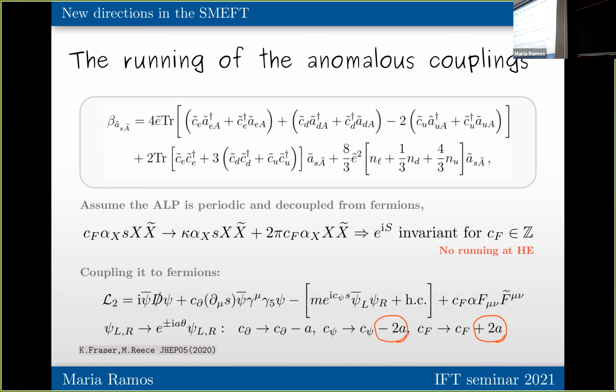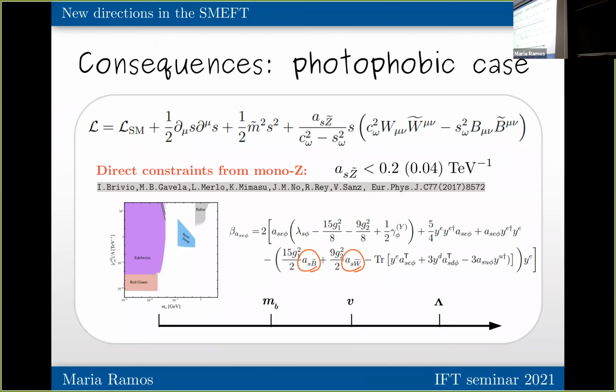So finally, I just wanted to show you some phenomenological consequences also for this case, to compare which kind of limits we get by studying these RG constraints. So here we just assume some photophobic model in the UV. And this kind of photophobic behavior you can have in some frameworks. You get this term here from the next-to-minimal composite Higgs model, for instance.